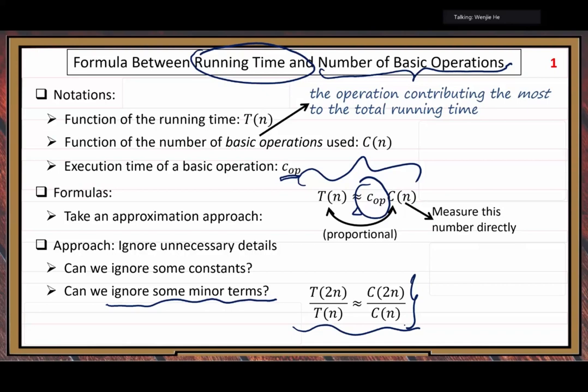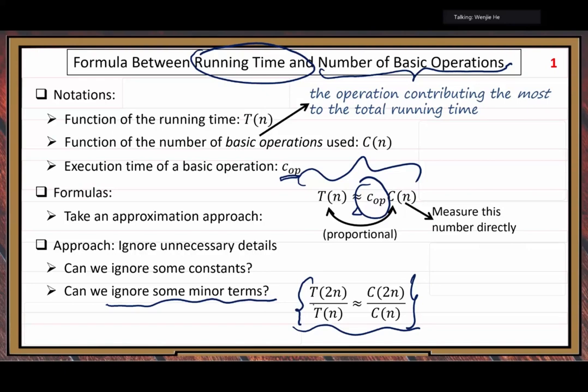So here, c of 2n is a larger number and c of n is a relatively smaller number. You take the ratio, larger number over smaller number, where the larger number corresponds to double the original data size. Does this ratio give some kind of increasing rate? We use this ratio form on both the T function and the c function.